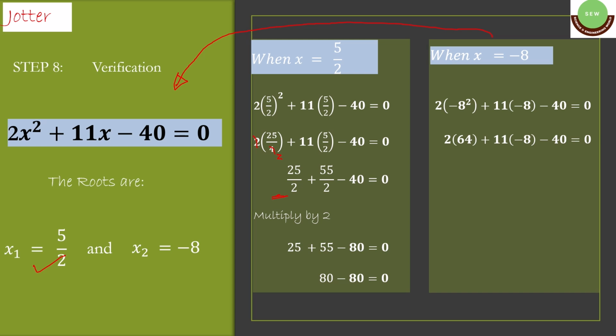Minus 8 times minus 8 is 64. We now see that 2 times 64 is 128, plus 11 times minus 8 will be minus 88, minus 40 equals 0. Minus 88 minus 40 will give us minus 128, and we can now see that the second root satisfies the equation.